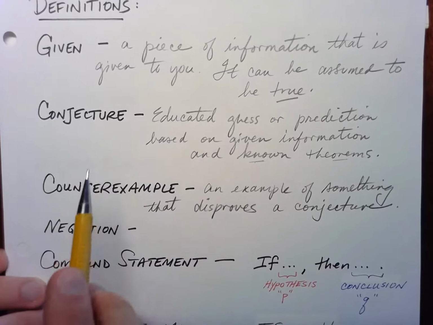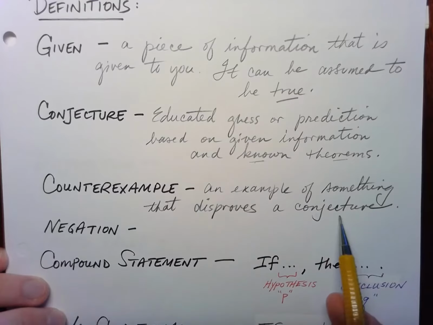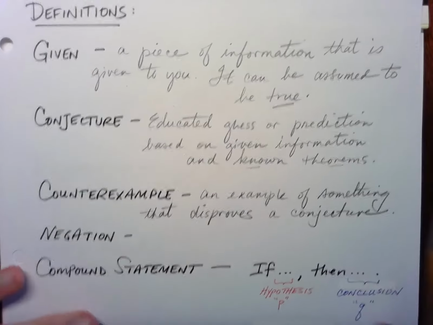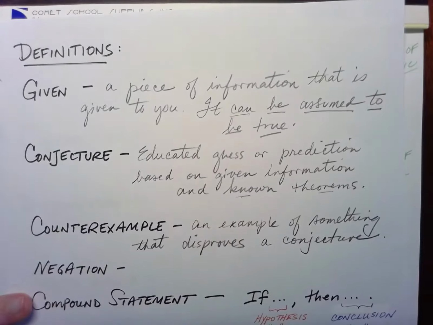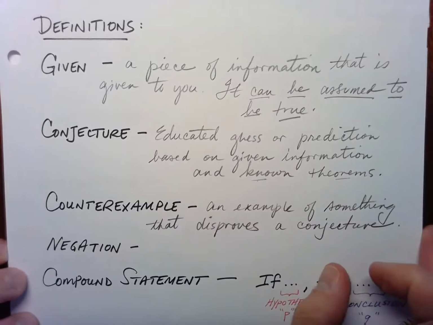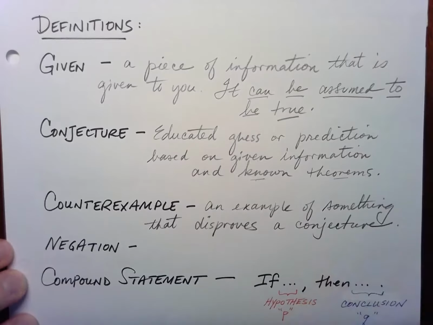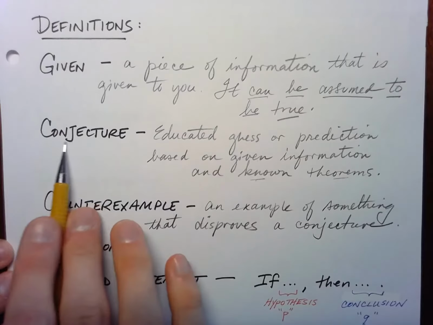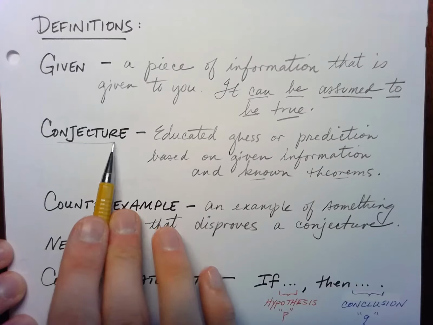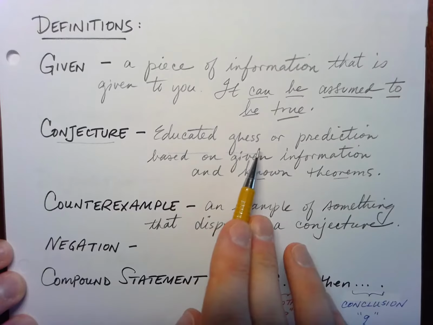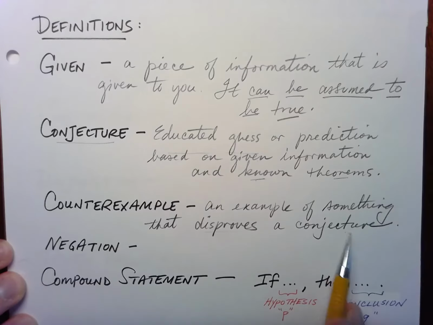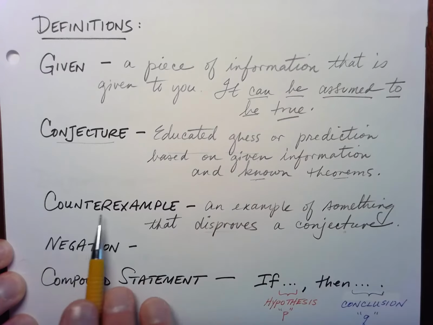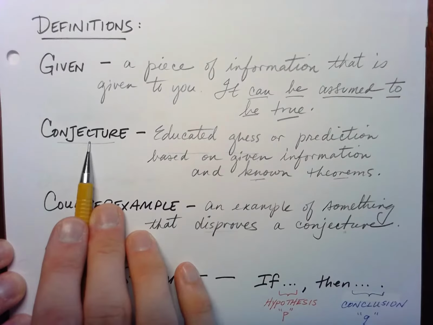So you may notice that it does not disprove a given, because again, the given can always be assumed to be true. Okay, so you're not trying to mess with a given or trying to disprove a given. But if you're making a conjecture, which is an educated guess, right, and then you provide a counterexample that disproves that conjecture, then what it's doing is it's showing that the conjecture was not correct.